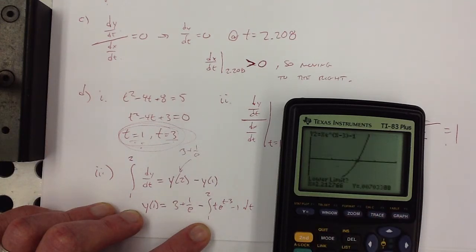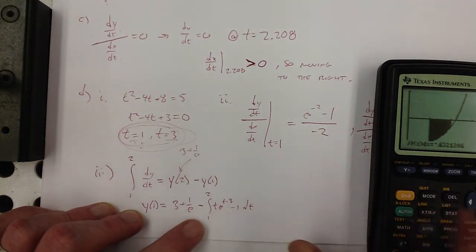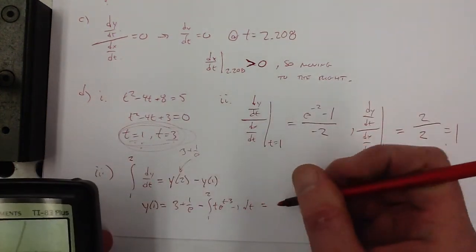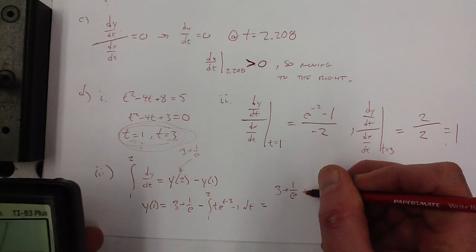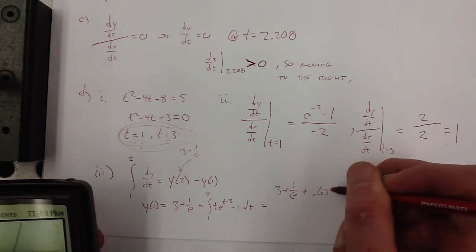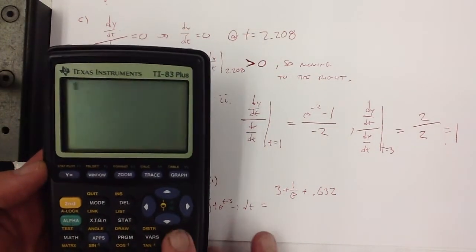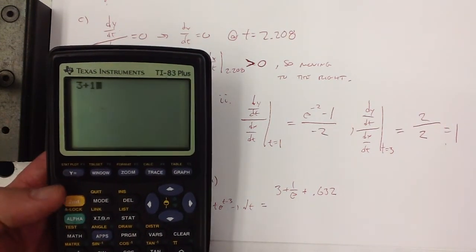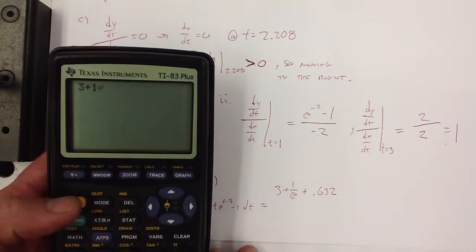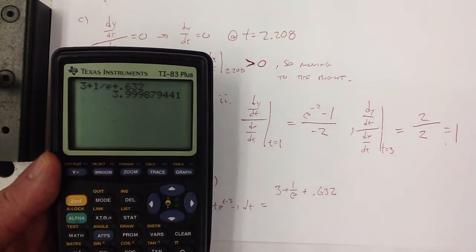It's minus that integral, so it looks like I have 3 plus 1 over e plus 0.632, and that's equal to... oh, that looks like 4, doesn't it?